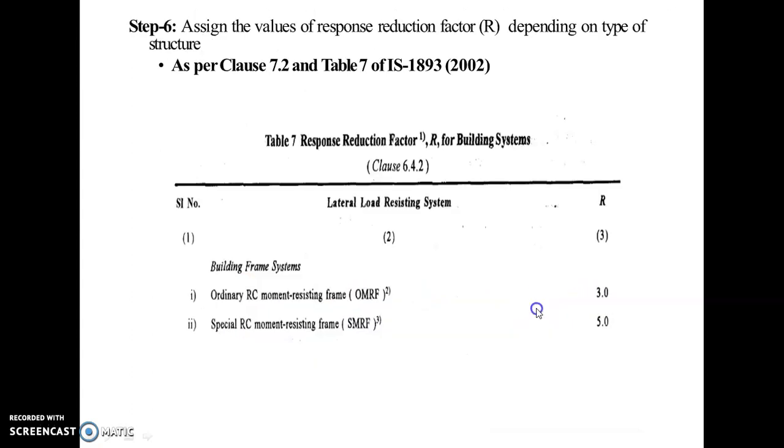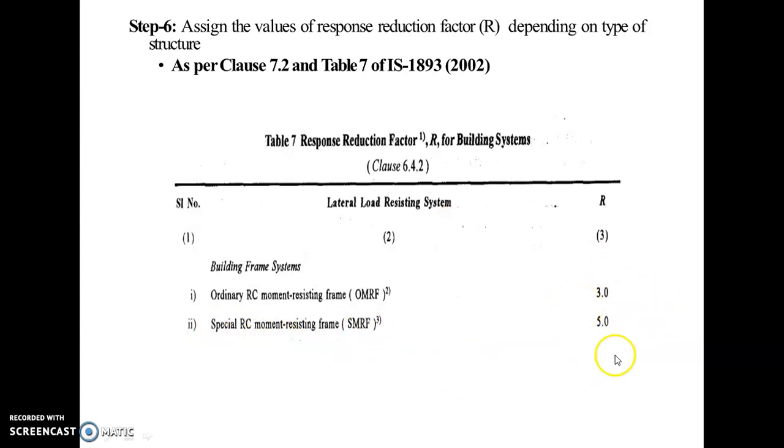After that, we have to find R. R is the response reduction factor, and it depends on ordinary RC moment or special RC moment resisting frame. For ordinary RC moment we take 3, and for special RC moment we take 5. If nothing like ordinary or special RC moment is given in our question, then you simply take the special RC moment resisting frame, and the value for that is 5.